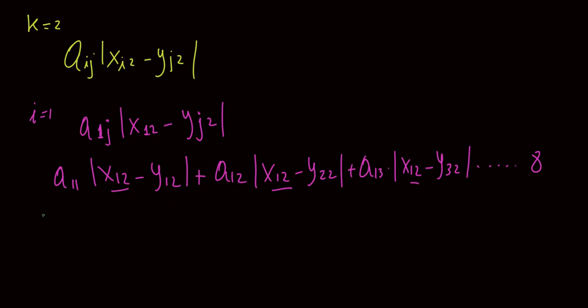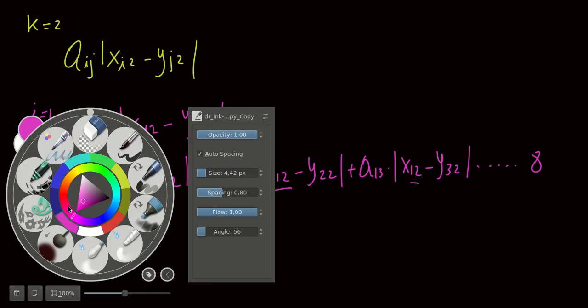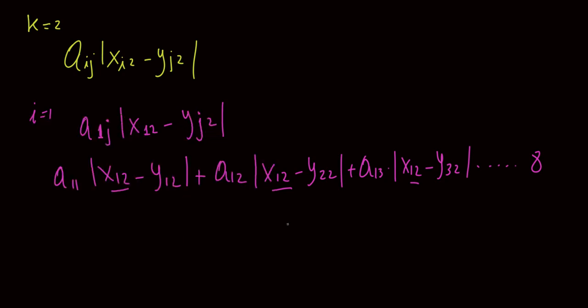Something similar for i equal to 2. So for i equal to 2, this expression looks like: a2j absolute value of x22 minus yj2.